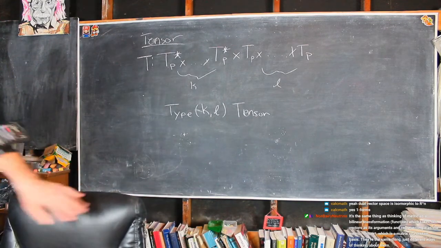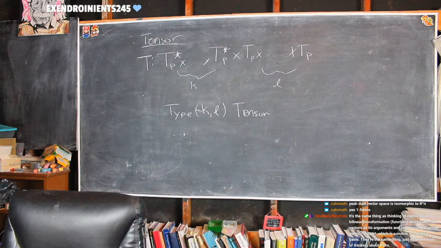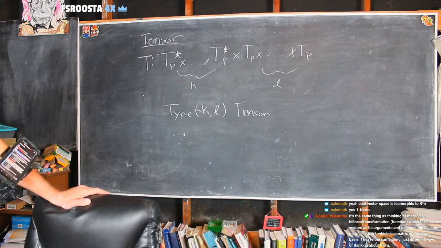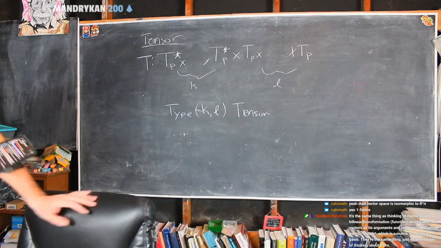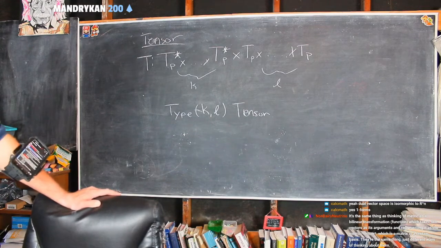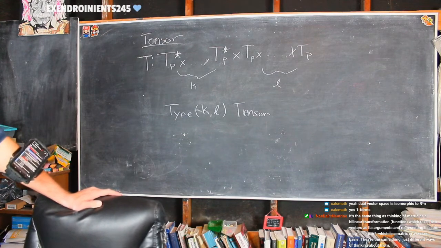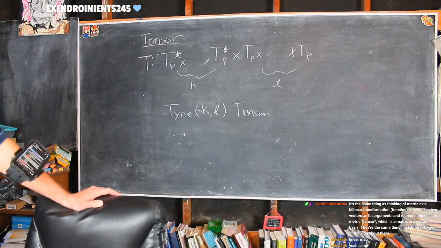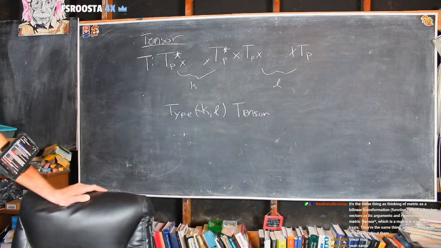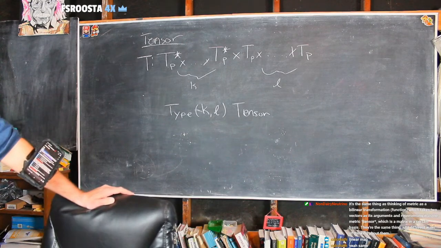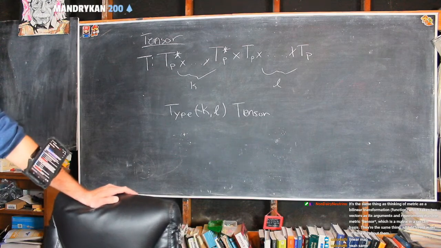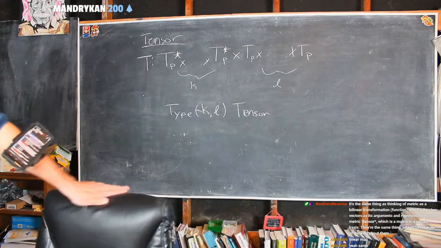So you can take a vector as a type (1, 0) tensor, and the cotangent space version of that is a dual vector, a type (0, 1) tensor, where k and l are the type.